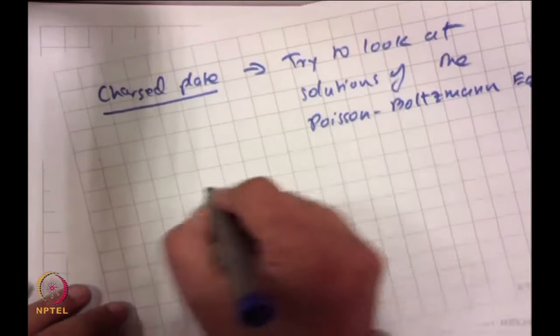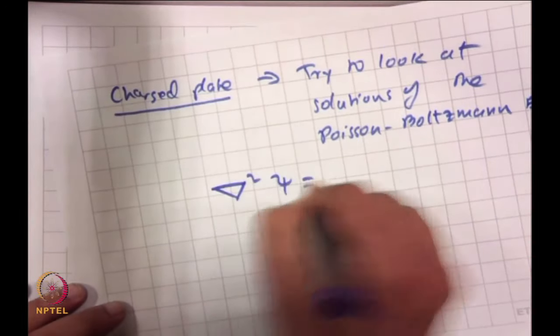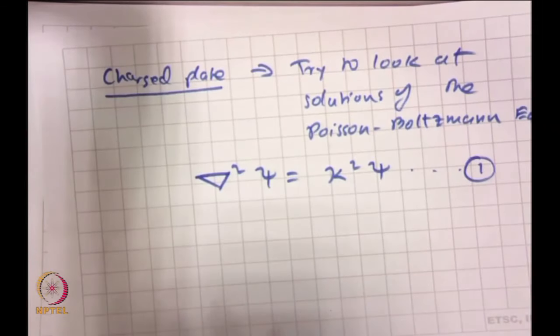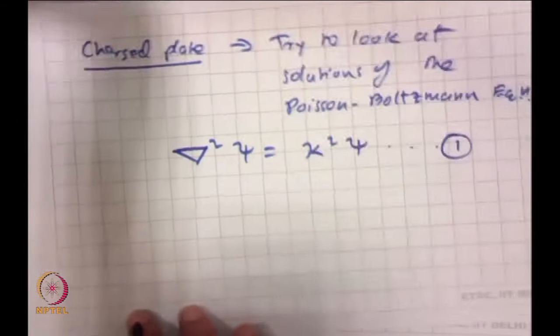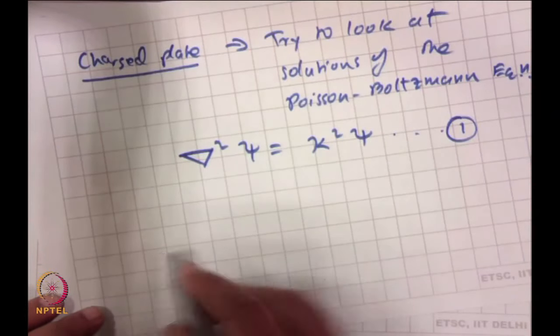Think about the same charged plate, and we are looking at this equation with kappa squared psi. We have to solve this equation essentially. This is the differential equation.